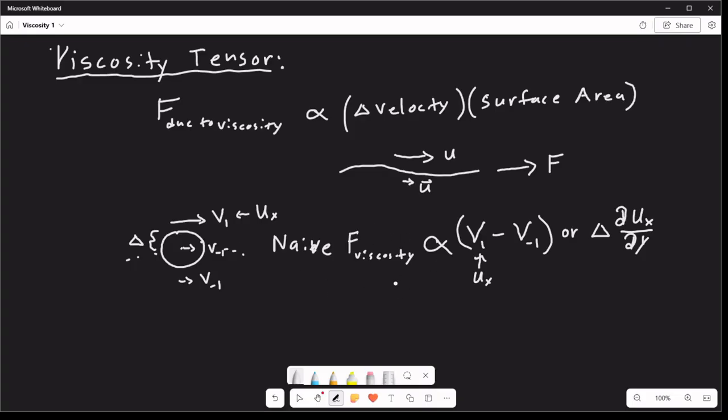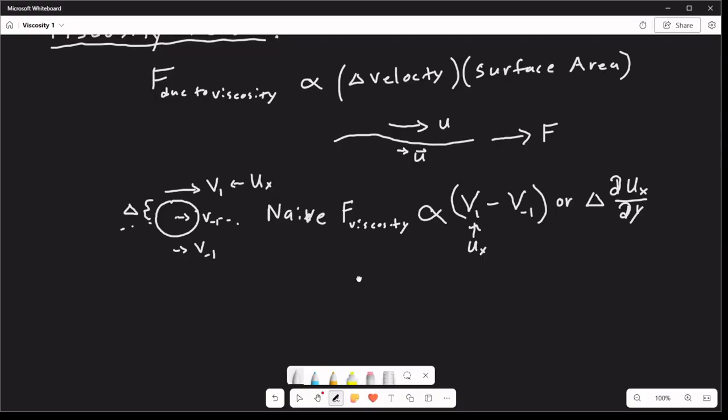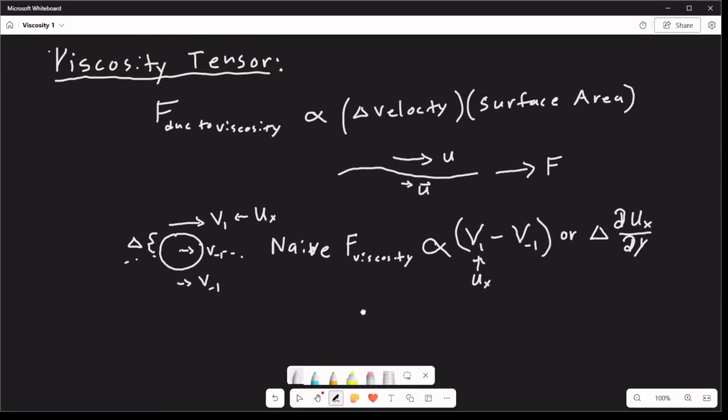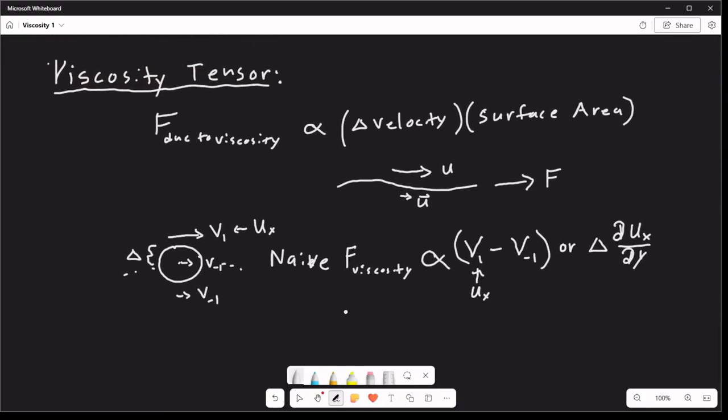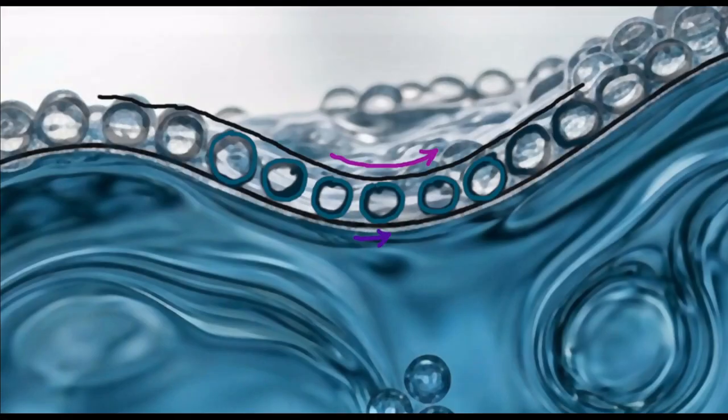viscosity is. And the reason it's not what viscosity actually is, is because of vorticity. Vorticity will change everything. So it looks like this should just generate force, but the reality is if the velocity is going in one direction on the top and there's a velocity inside the skin going in the other direction, these cells can actually just start spinning around.